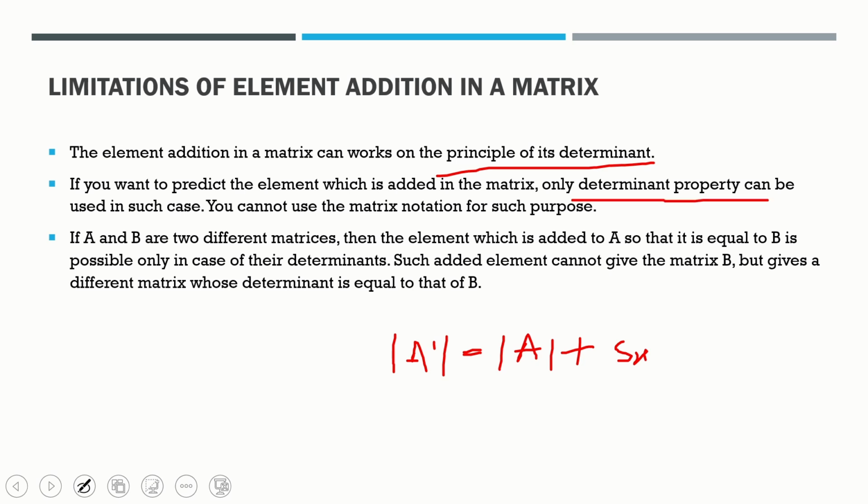It is a determinant property and you cannot use the matrix notation property. The matrix addition property is not usable, which is this one: A dash is equal to A plus Bx. From this formula, you cannot predict the X value.